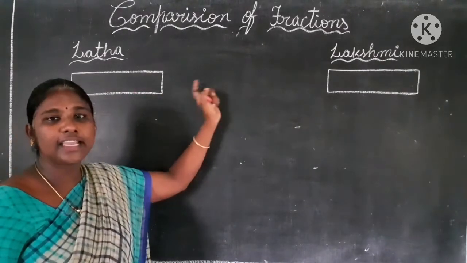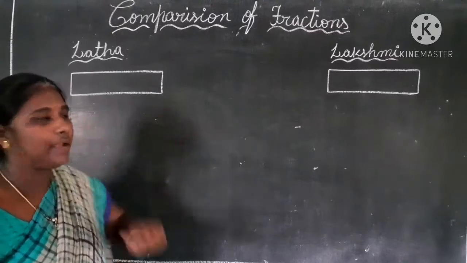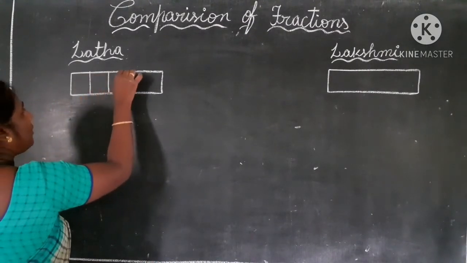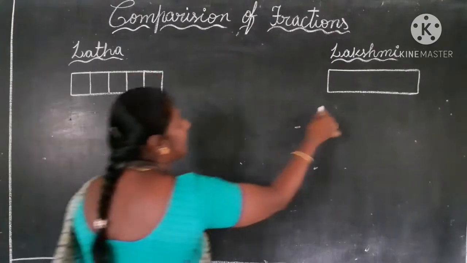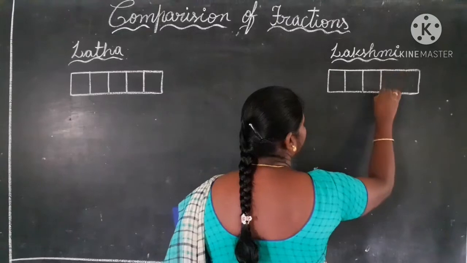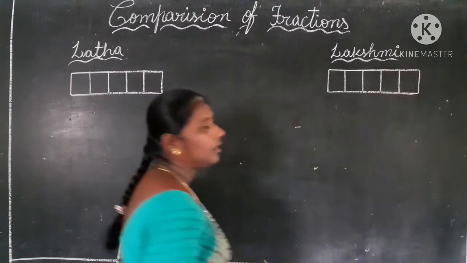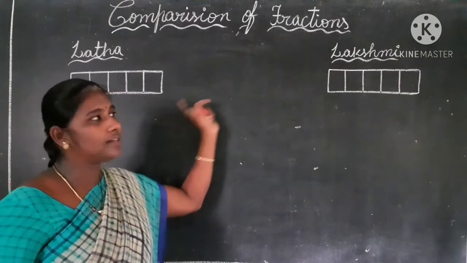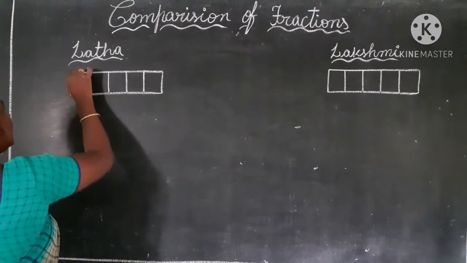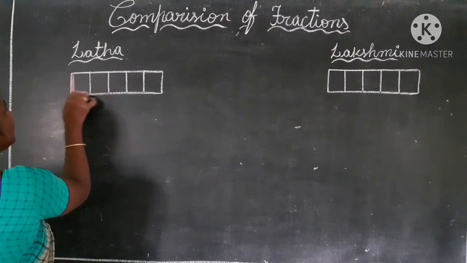They divide the bar into 5 parts. Lata divides her chocolate bar into 5 parts and Lakshmi divides her chocolate bar into 5 parts.